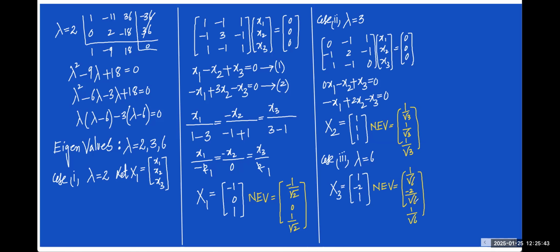After getting these vectors, we have to form the matrix P. That will be taken on the next page. So form the matrix P using the normalized eigenvectors. Okay, we get it. Our matrix P will be made from the normalized eigenvectors. The first vector is minus 1 by root 2, 0, plus 1 by root 2.